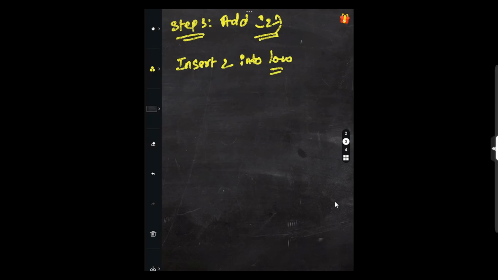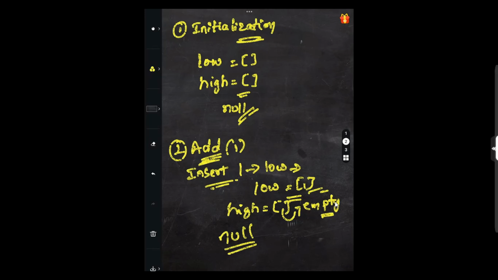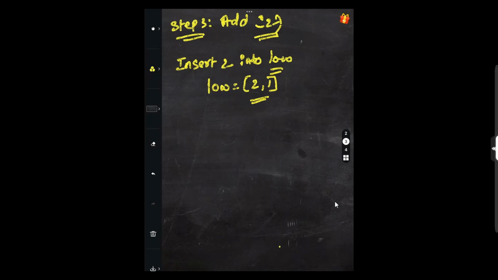Now low becomes 2, 1, because we inserted 1 previously. Max heap keeps the largest on top, so 2 will be first and 1 will be next, right? So we are moving the largest from low to high. Now low will be 1 and high will be 2, because max heap keeps the largest on top. So now the heaps are balanced. Output is still null because the return value of add is null.